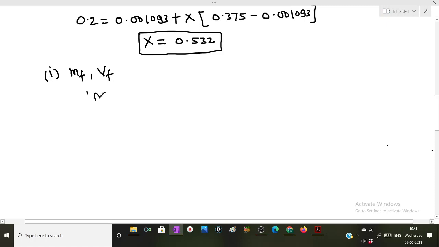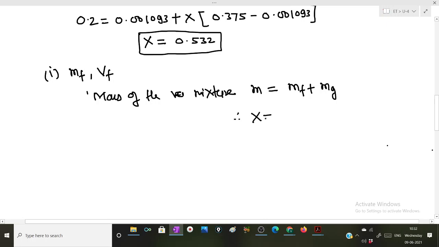Now we know that the mass of the mixture, small m, is equal to the mass of dry saturated water plus the mass of dry saturated steam. We also know that the dryness fraction is the ratio of the mass of dry saturated vapor to the mass of the mixture. Let's say this is equation 1 and this is equation 2.